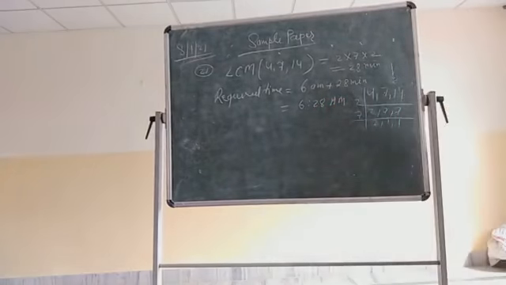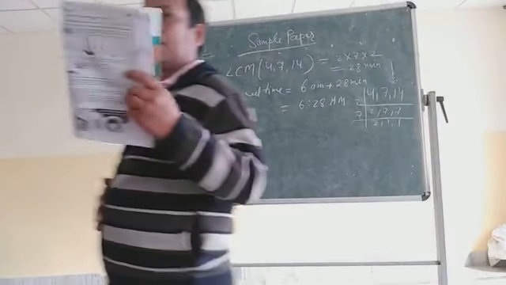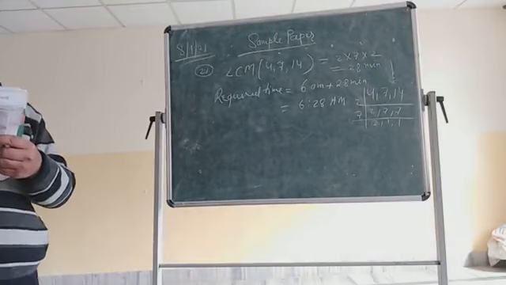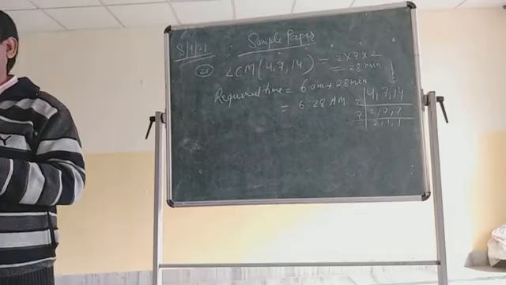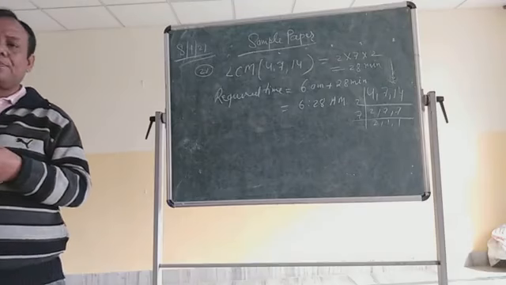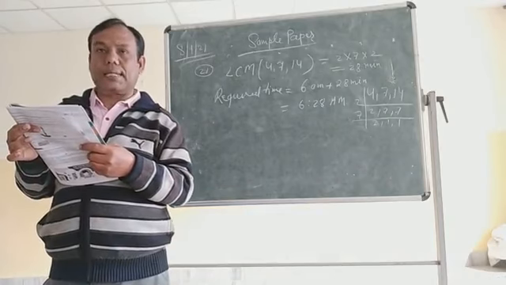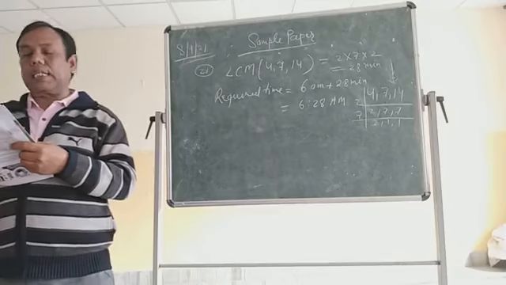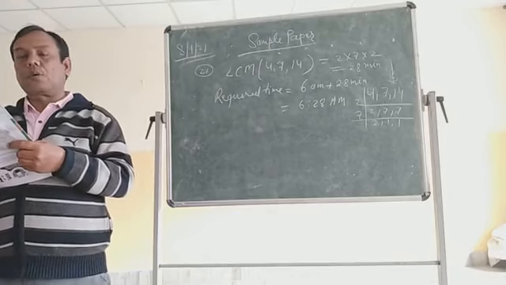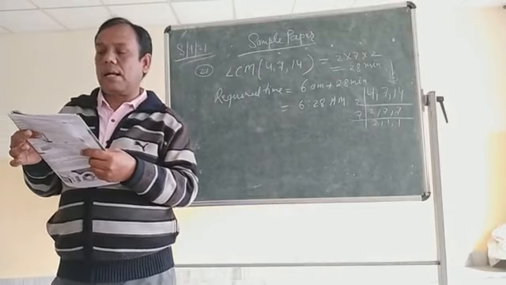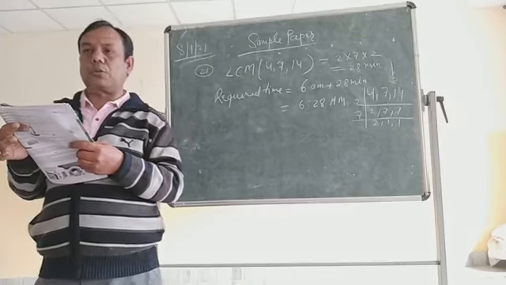Okay, now next question. Have you noted, everyone? Now the next question: find the point on the x-axis which is equidistant from the points (2, -2) and (-4, 2).